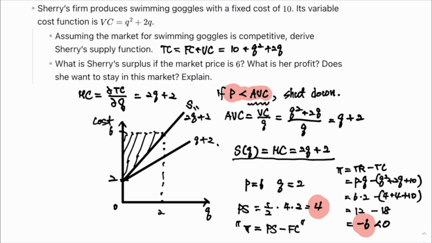So that's the better answer. Should she shut down? The right answer is no. Why? Some part of the fixed cost can be compensated by producing a certain amount, in this case, 2.